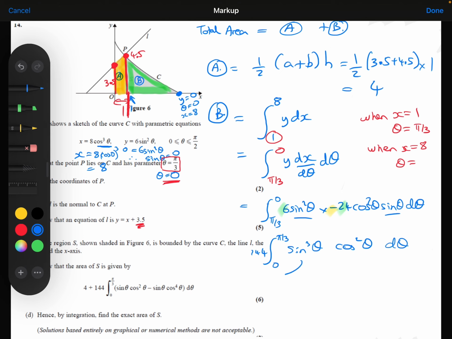But that doesn't quite look like what I was expected to show. I actually wanted to keep this sine theta, but I don't want this sine squared here. So actually that step I've just done there, I probably didn't want to do that.